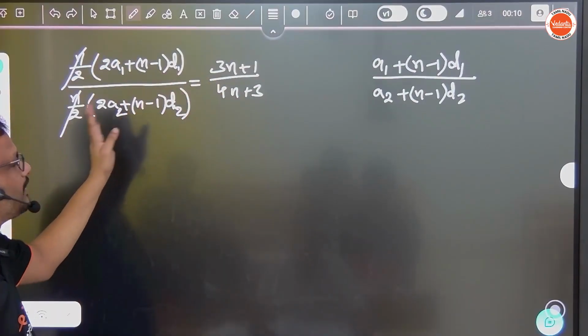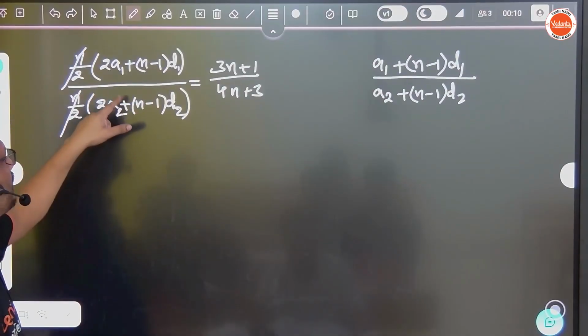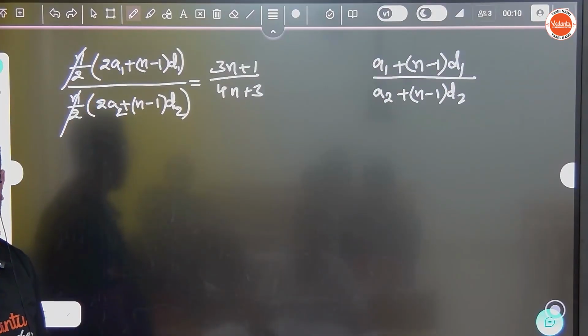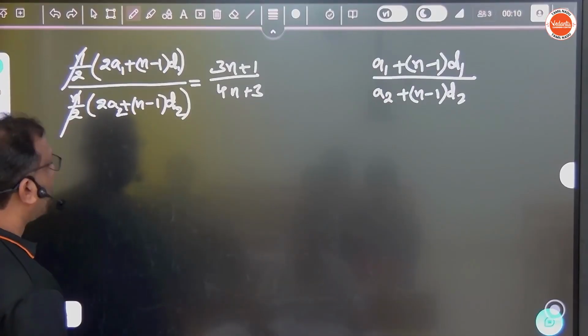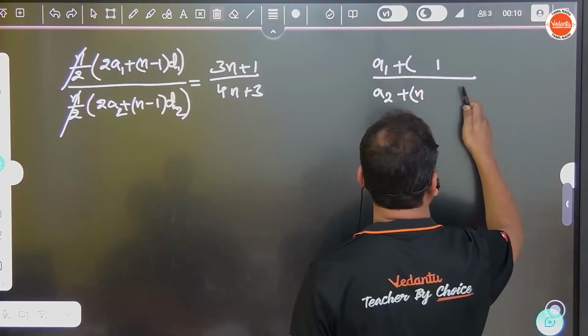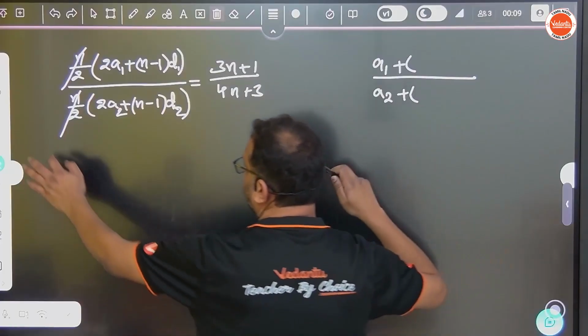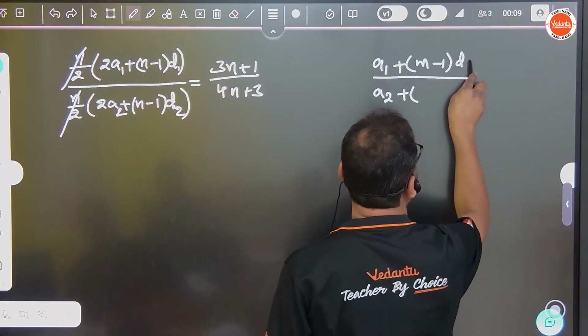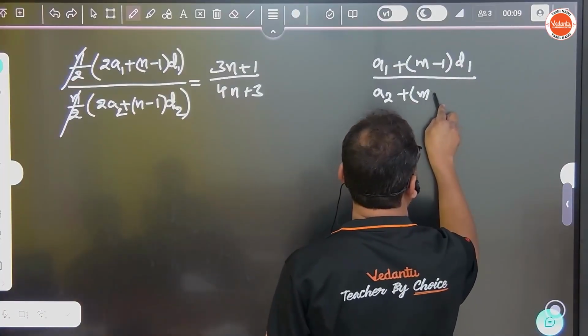So how will we get that format? Where is the difference? The 2 should not be there, so we have to eliminate the 2. So for the nth term, we have n minus 1 into D1 and n minus 1 into D2.